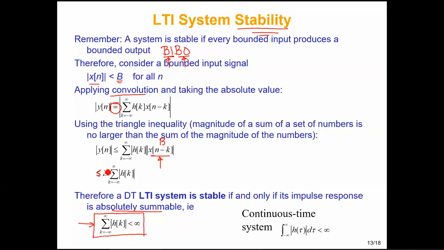Or in other words, bounded input will give bounded output if your impulse response is absolutely summable, or if the sum of the magnitude of h of k for all values of k is less than infinity. So this is the condition for stability. And we will see later on how we check this particular condition for different systems. How do we actually check whether we have a stable system? By checking the impulse response, whether it is absolutely summable or not.